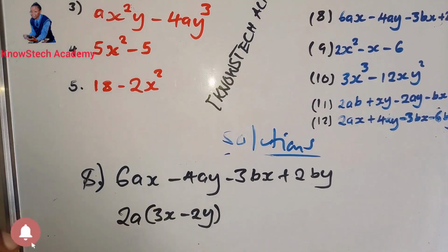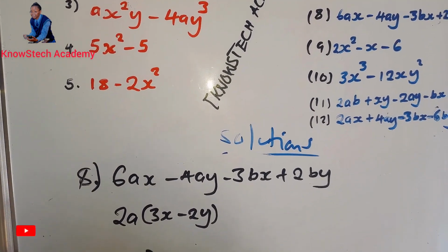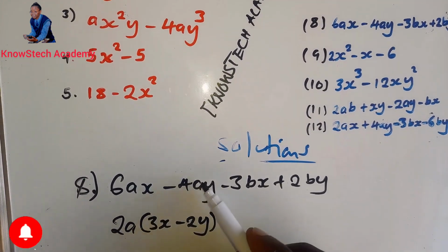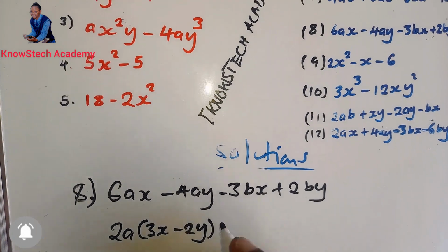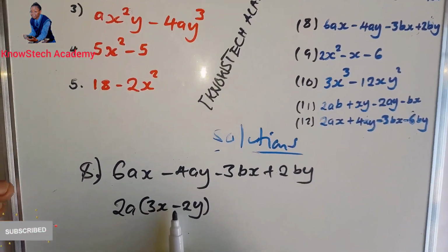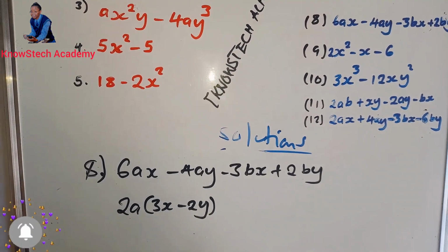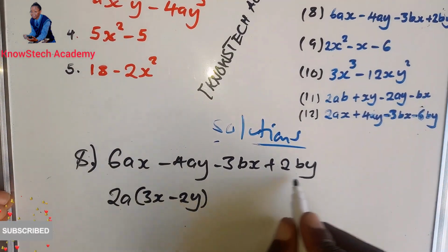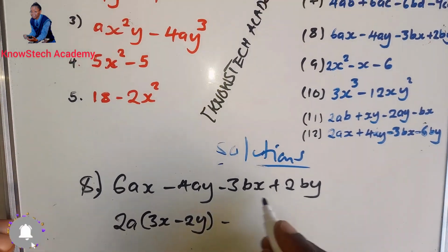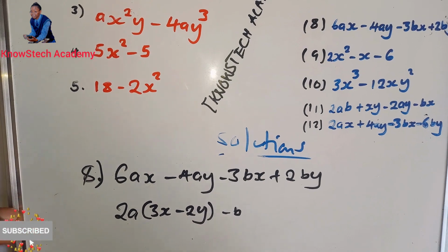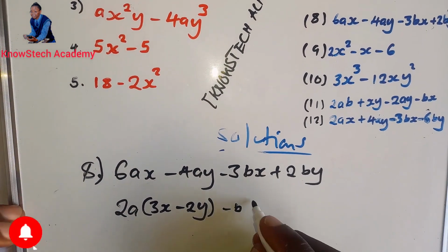It doesn't just disappear. You cancel this and this. Okay, this side. So remember, whatever you're going to do this side in brackets, you should have 3x minus 2y. Nice. Okay, so what is common here is negative b.